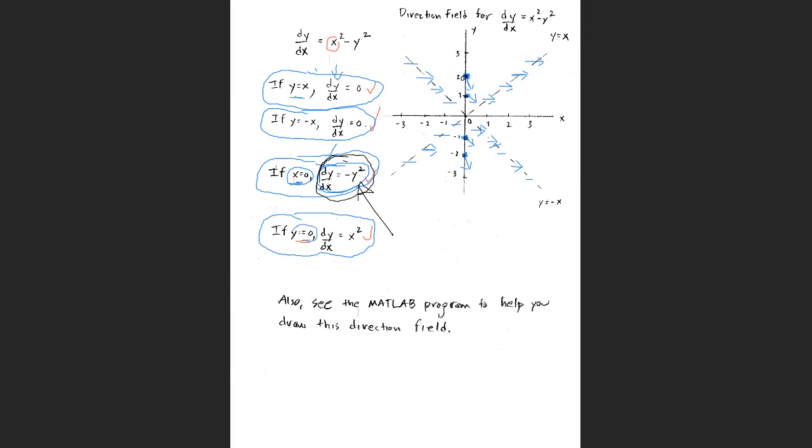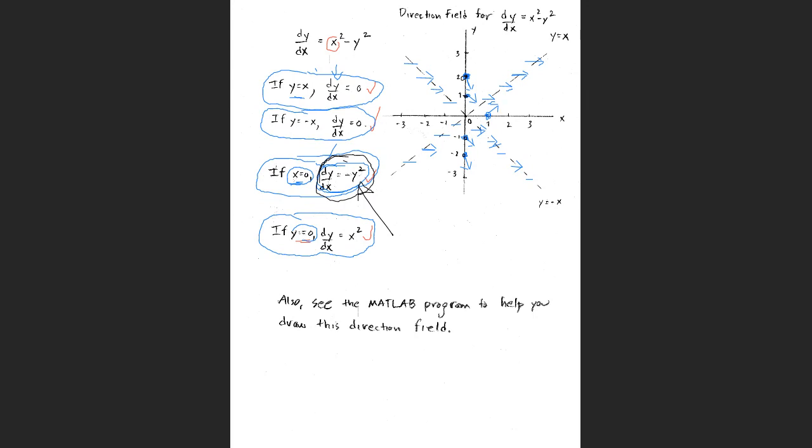So for instance, at x equals 1, I should be more clear, at (1, 0), dy/dx would be 1 squared, and so your slope is going to be +1, and so here's the vector there.